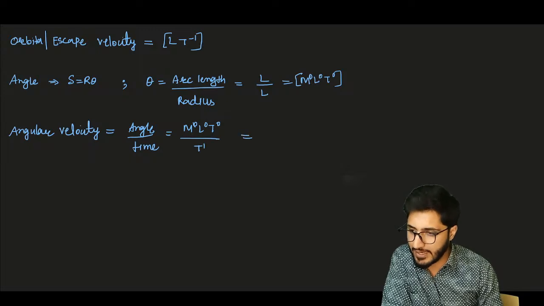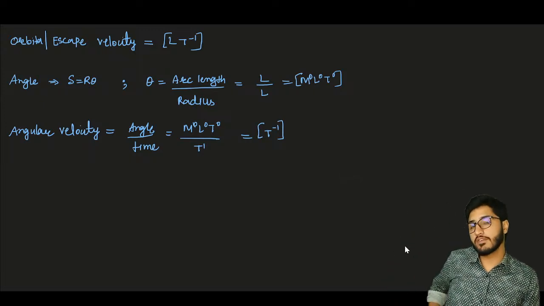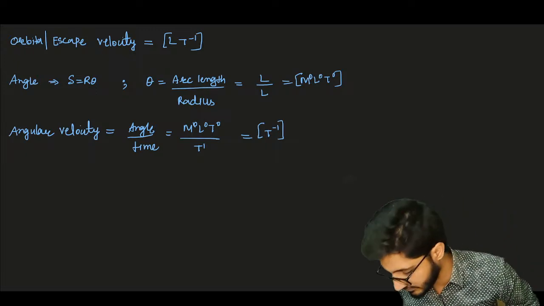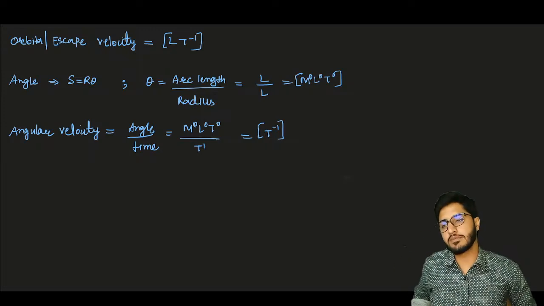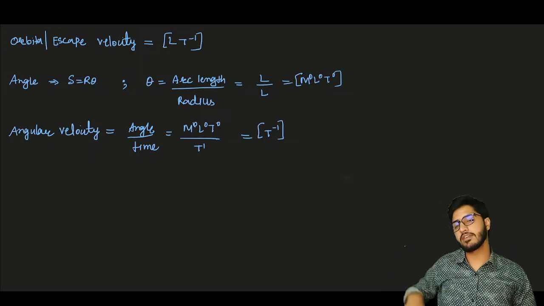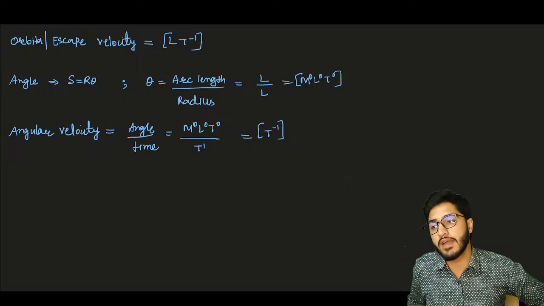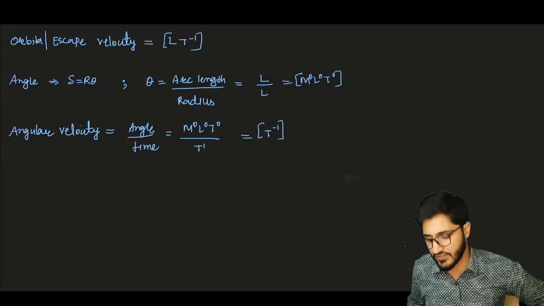So I can write it as T^-1. So the dimensional formula of angular velocity is same as that of the frequency. We are having some numericals like this in our NEET examination, that which of the following are having the same dimensional formula. So here we can conclude that the dimensional formula of angular velocity is same as that of the frequency.